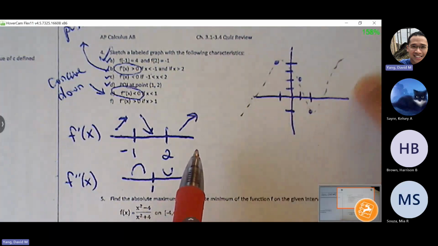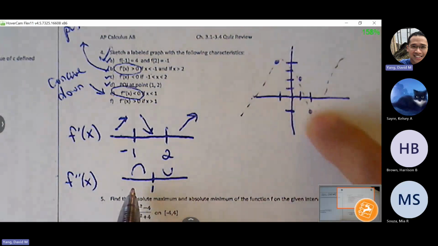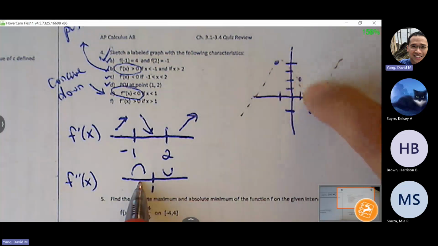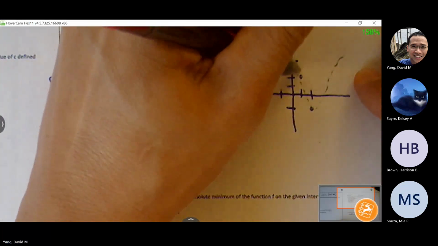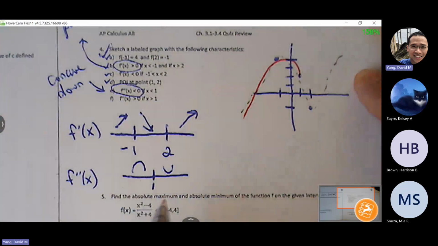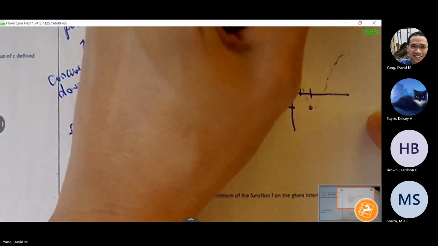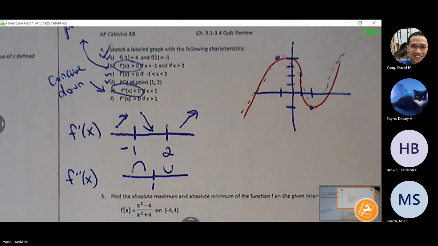Even after we do our curvature adjustments, it's not going to veer too far from this path. We're still going to rise, fall, and rise. So concave down on this first interval up till 1. And then after that point of inflection, the concave down is going to change to concave up. And there's our sketch.